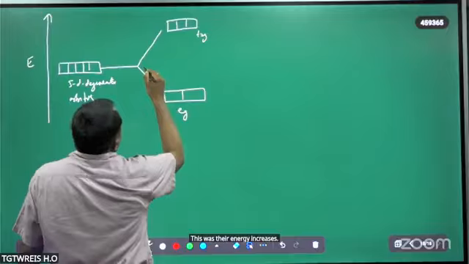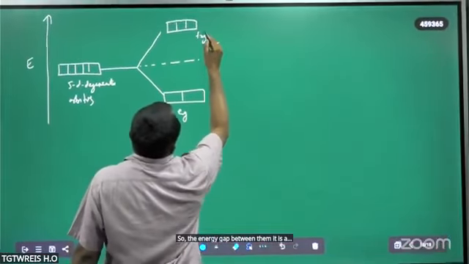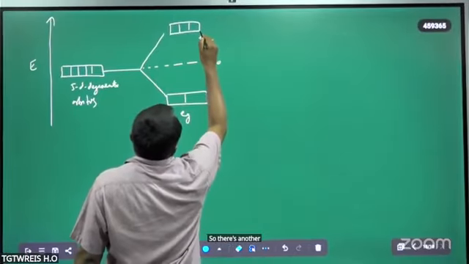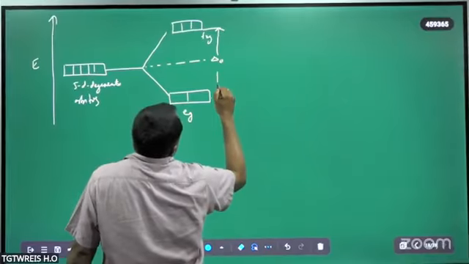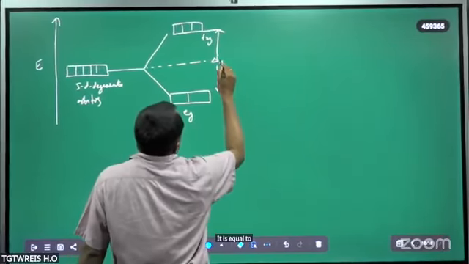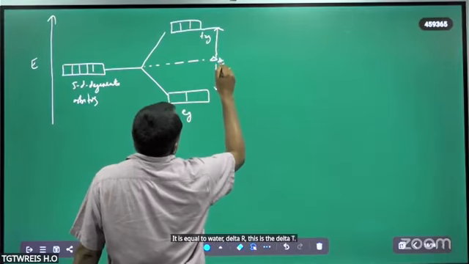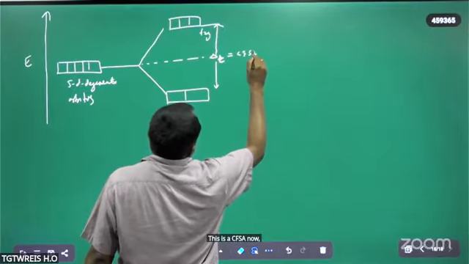So the energy gap between them, with delta naught as the barycenter, the higher energy T2g and lower energy eg, is equal to what? This is delta T. Why is it delta T? This is the CFSE in a tetrahedral complex.